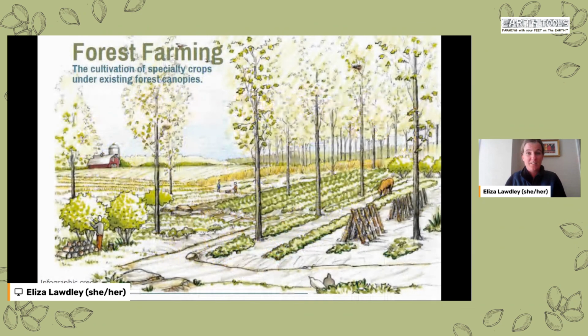The second practice, as defined by the USDA for agroforestry, is the cultivation of specialty crops under existing forest canopies. So this is what we call forest farming. It's a huge practice because it encompasses many different things. For those of us interested in woody crops, we're thinking about growing trees for animal fodder.